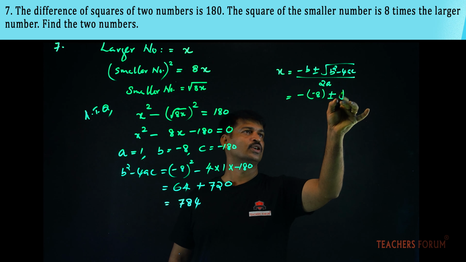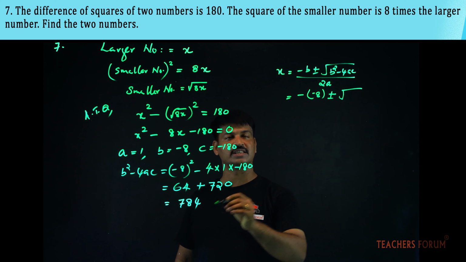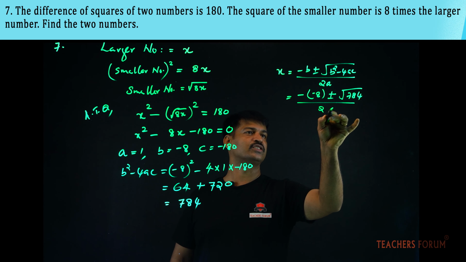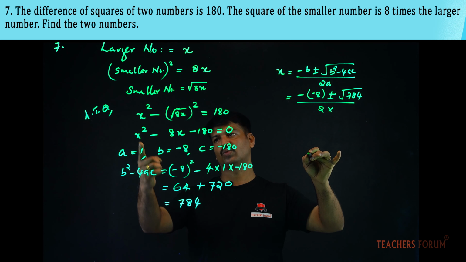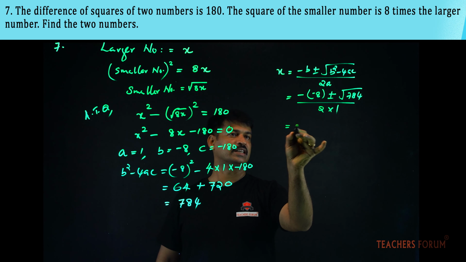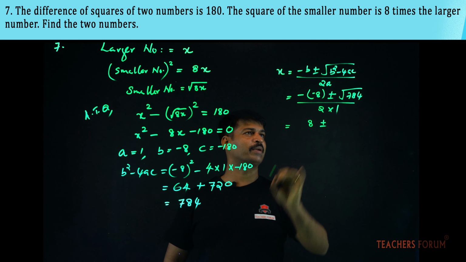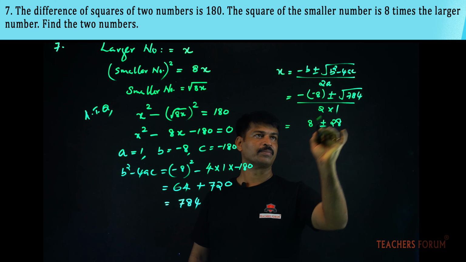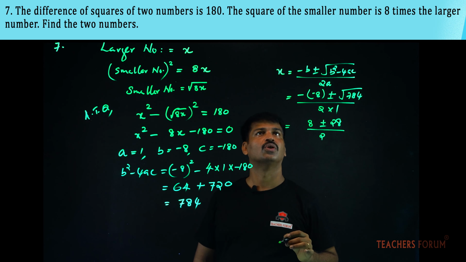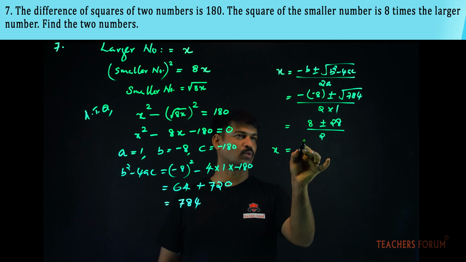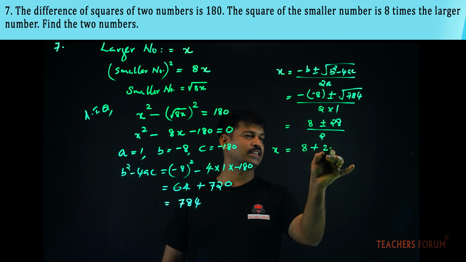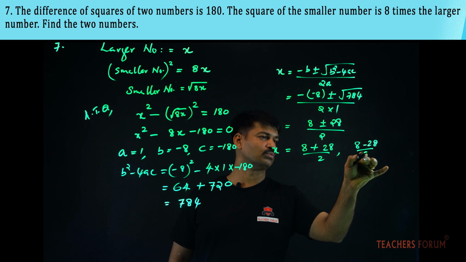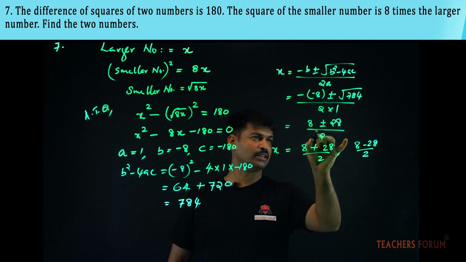Plus or minus root of b square minus 4ac, that is 784, by 2a, that is 2 into a. What is a? a is 1, the coefficient of x square. That equals 8 plus or minus the square root of 784, that is 28, divided by 2.